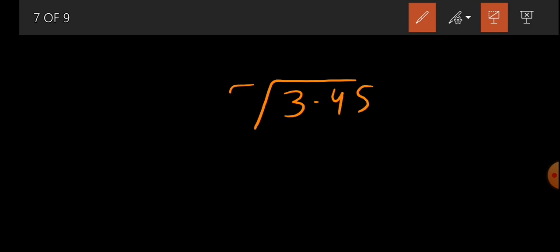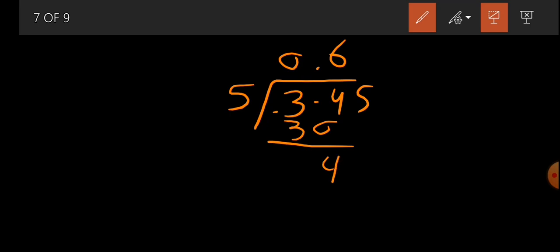3.45 divided by 5. Let's remember together how to make the division. The decimal, I will raise it up in the same place. 3 divided by 5, not enough, so 0. Then 34 divided by 5 will give me 6. Multiply it, you will have 30. Subtract, 4, bring down the 5. 45 divided by 5 will give 9. 9 multiply 5 is 45.